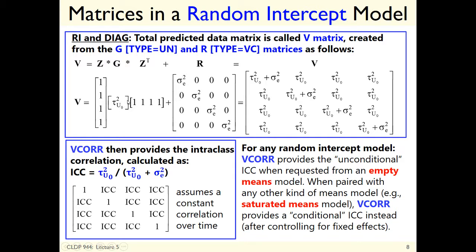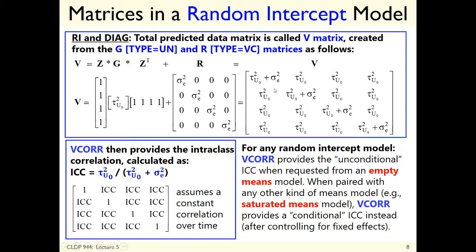I have my random intercept variance in G. It gets pre and post multiplied so that it's the right dimension to be added to R. For now, you can just picture this random intercept variance being added to every single element here. So I have level 2 plus level 1 gives me this combined V that has this pattern that we've seen multiple times. Compound symmetry, equal variance on the diagonal, equal covariance on the off diagonal.